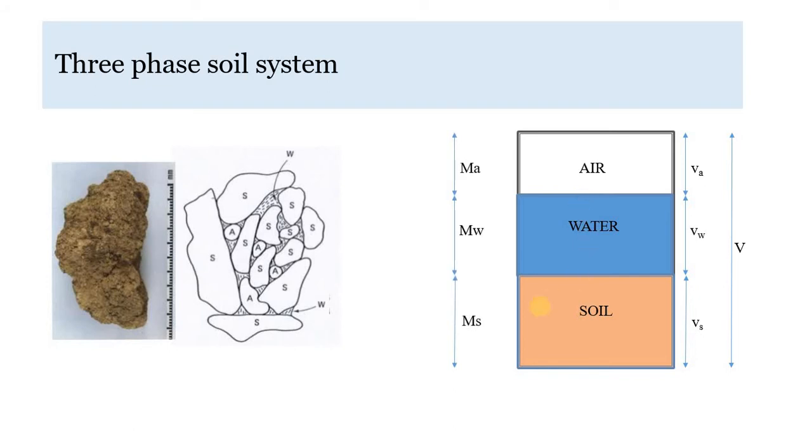Same as when we consider mass: mass of soil is Ms, mass of water is Mw, and mass of air is Ma. Okay, so it is called a three-phase soil system.